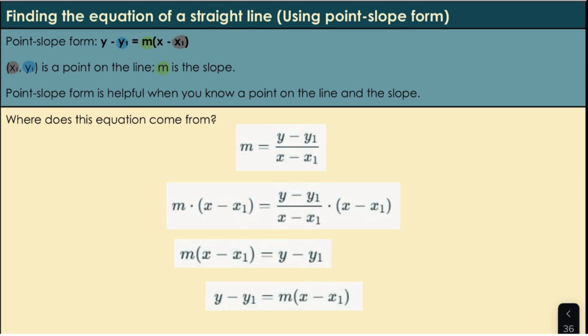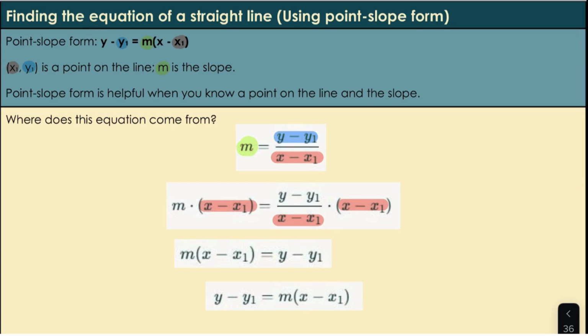Point-slope form is helpful when you know a point on the line and the slope. So where does this equation come from? It comes from our slope formula, where we calculate the slope as being the change in y over the change in x. This formula is manipulated so that we can remove that denominator. We multiply by the change in x on both sides.